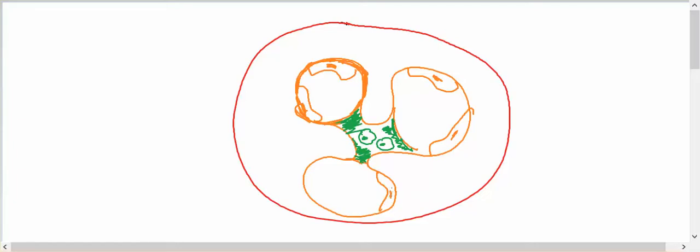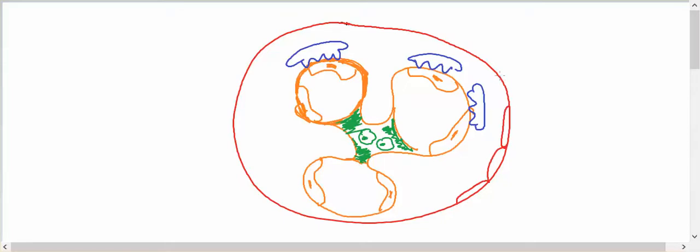And you have the podocyte, the podocyte foot process. And you have here parietal epithelial cells.